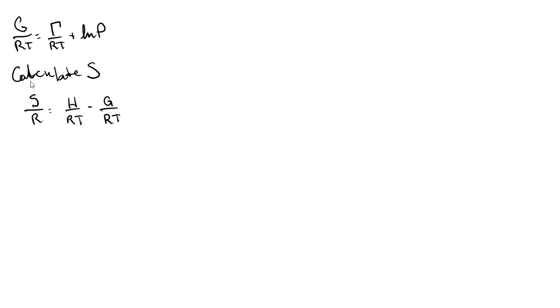The nice thing about this calculation is we don't have to do any more partial derivatives. Thank goodness. We've already done them, so we can just plug in and solve for that. We calculated H just on the previous page, so gamma as a function of T minus T times d gamma dT.